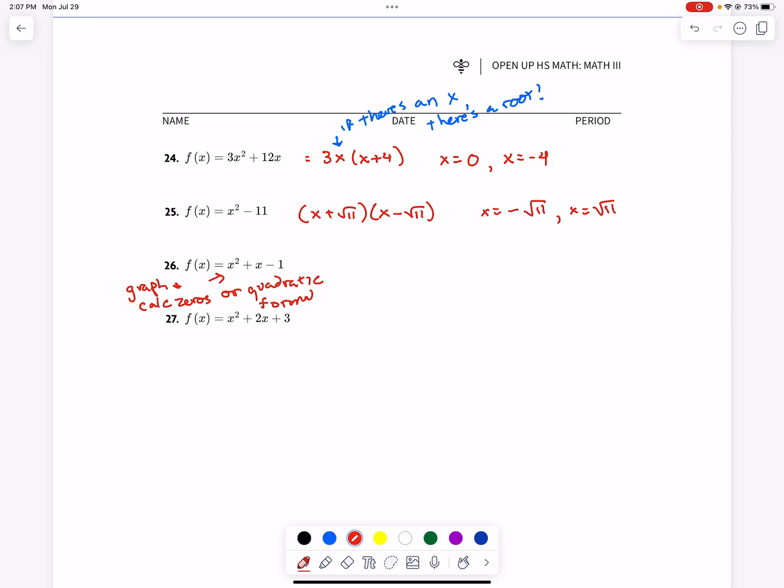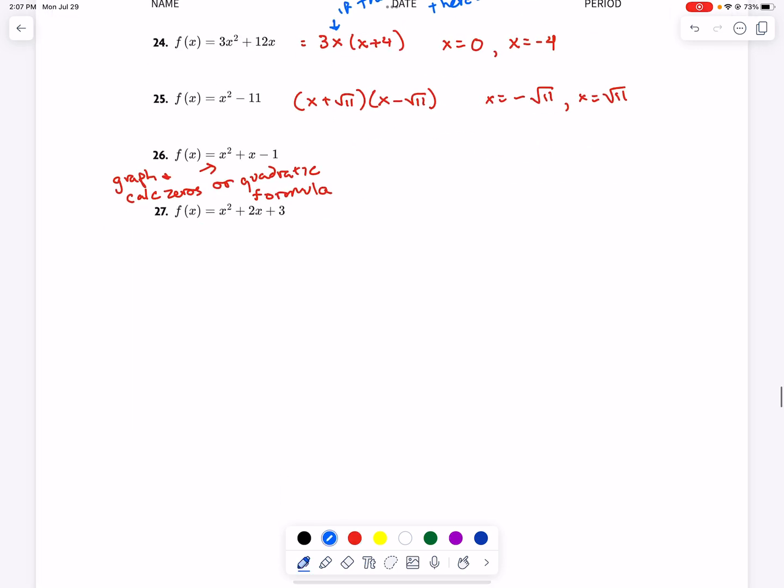I can't write anymore. Okay. Gonna do the quadratic formula. Let's just write down the quadratic formula.